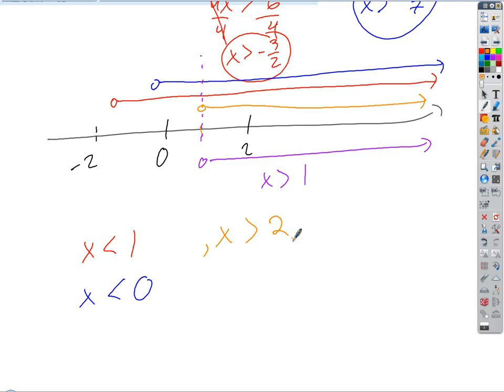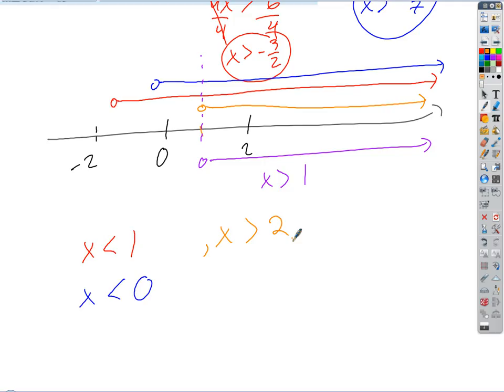Is that possible? Can I have numbers that are simultaneously less than 1 and less than 0 and greater than 2? No. If I were to graph all 3 of those, what I'd find is there would be no place where they would all overlap, right?